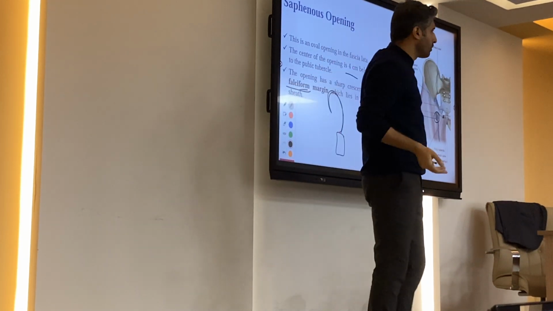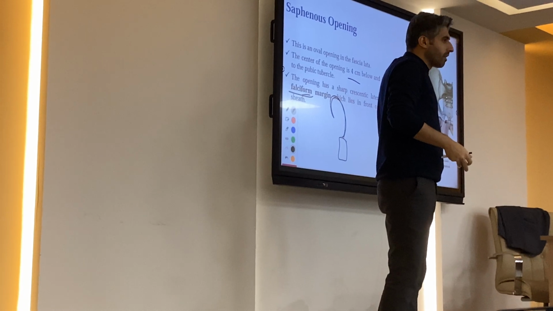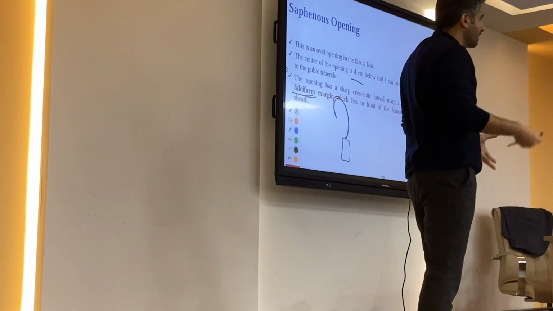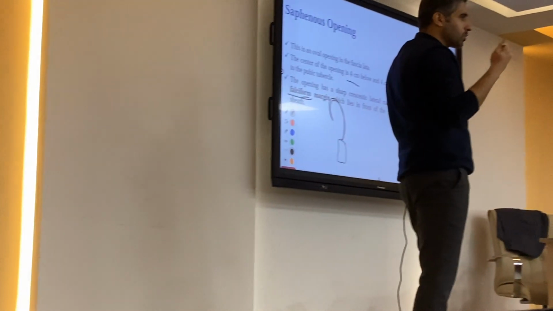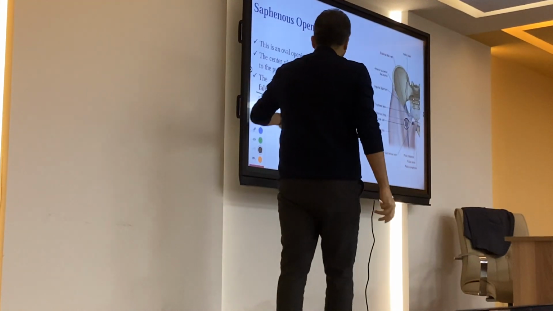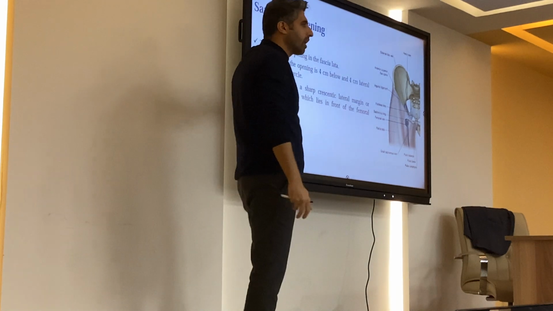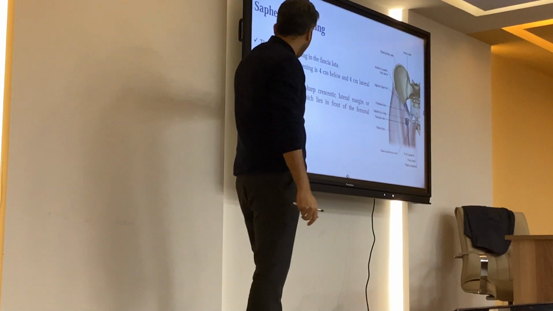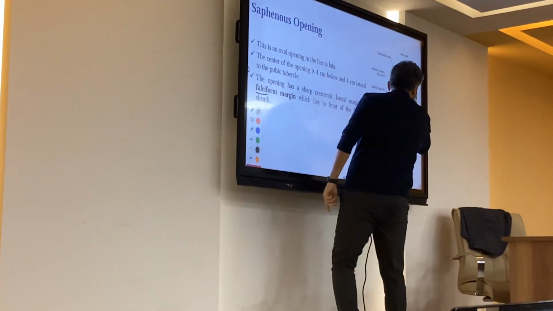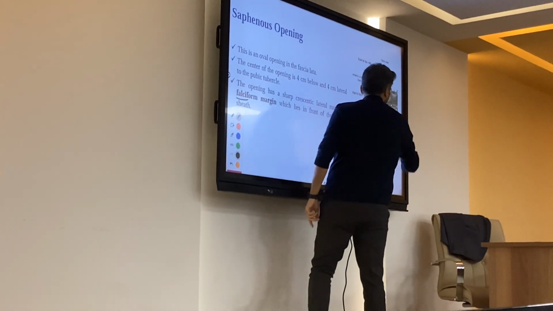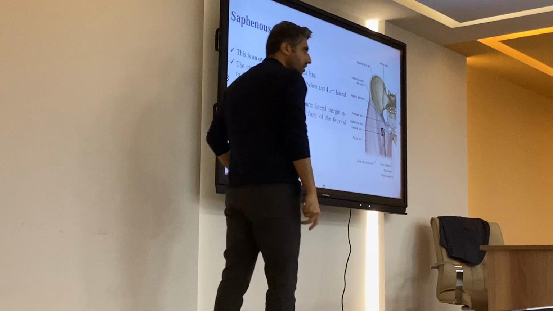For example, you grow some plants and you cut them like this. What do you say? Falciform means this, it looks like this. Falci means this. Falciform, because it has this shape. Okay? Falciform.